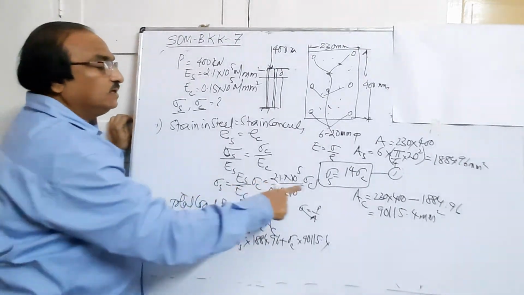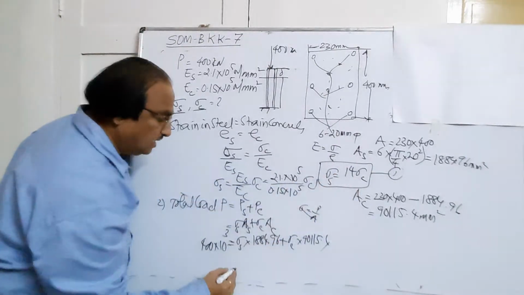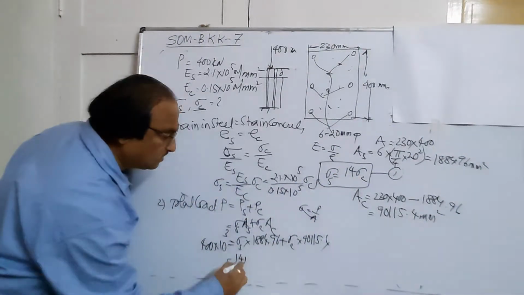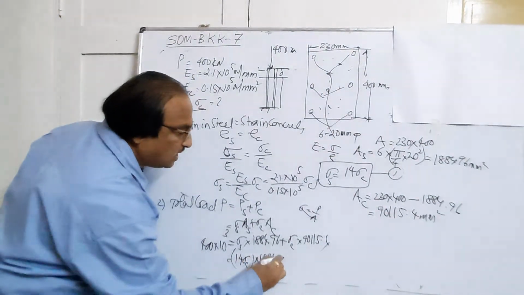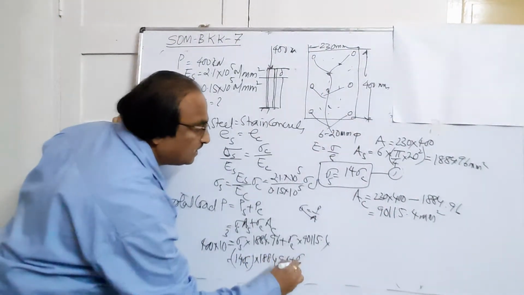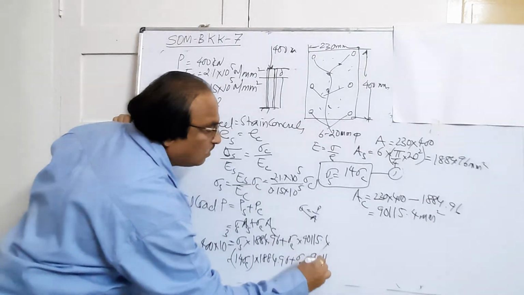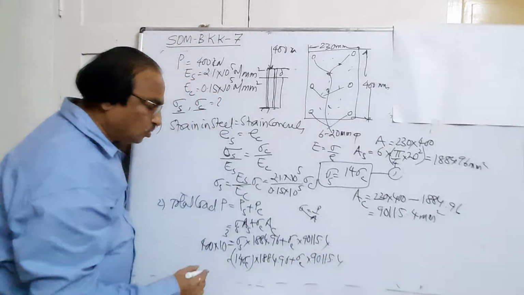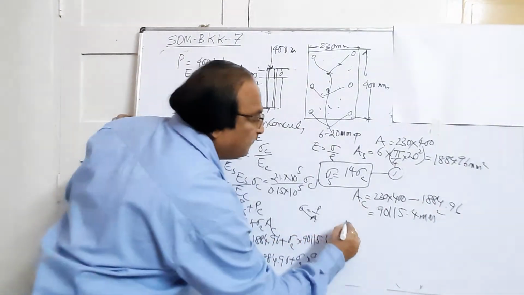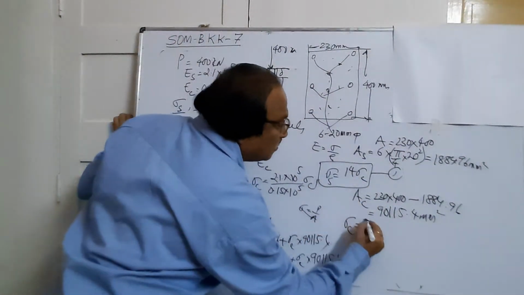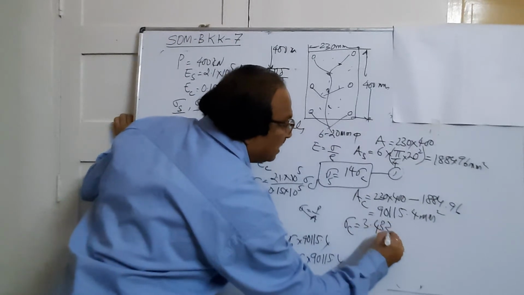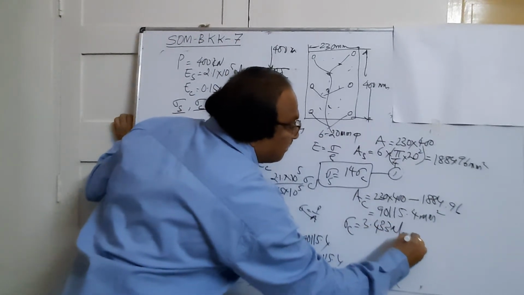Now here we have got the relation between sigma S and sigma C: sigma S is 14 times sigma C. Let us substitute here 14 times sigma C into 1884.96 plus sigma C into 90115.4. So the only unknown here is sigma C. If you simplify, you get the value of sigma C as 3.433 Newton per mm square.